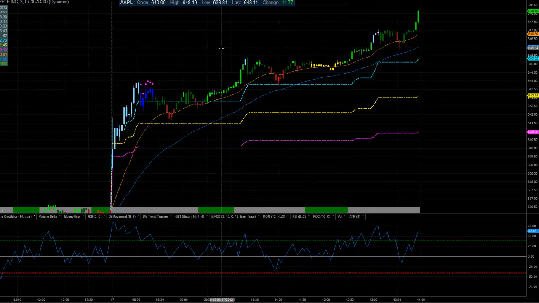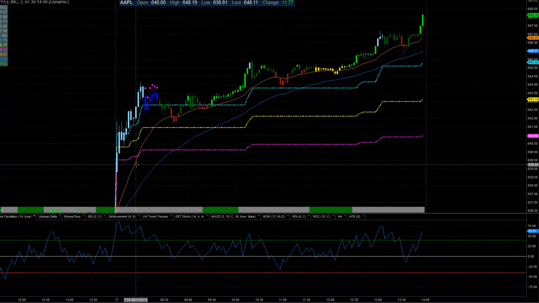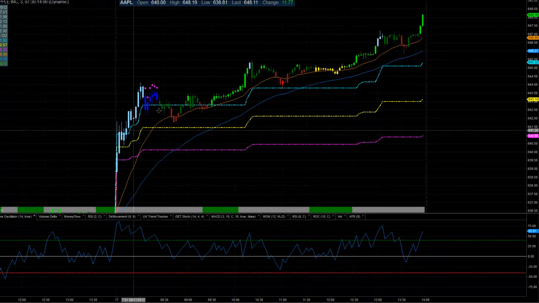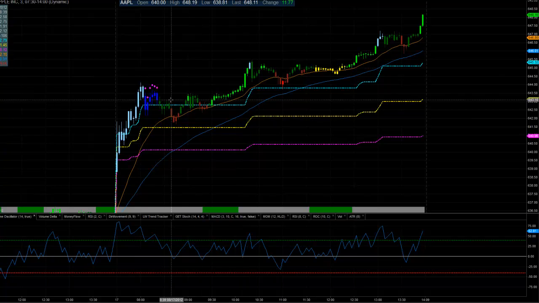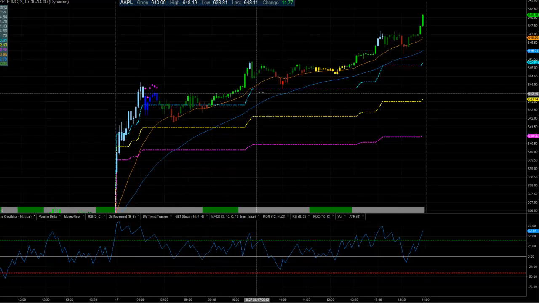For example, obviously this was OPEX day, so there wasn't a lot of movement in a lot of stocks, but Apple was one of the stocks that did quite well. It made an all-time high. So it was a very bullish day, but as you can see, just by looking at these dynamic pivots, price basically got above the 75% level and did not want to get back below that.